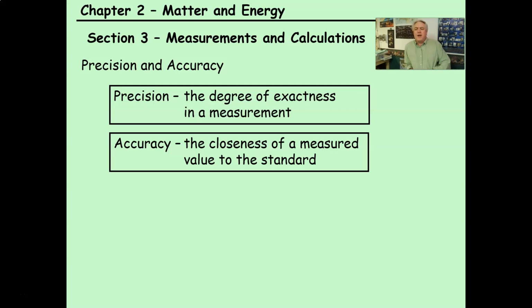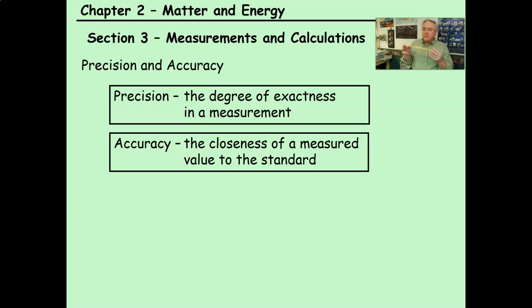All right. Now, on the other hand, accuracy refers to how close the answer is to what it's really supposed to be. And this then is also determined by the measuring device. For example, this ruler is 30 centimeters long. Is it really 30 centimeters long? If it is, then we say that this is an accurate ruler.